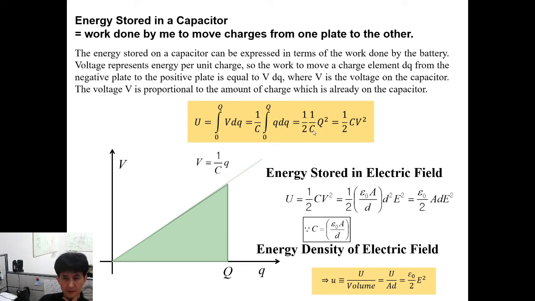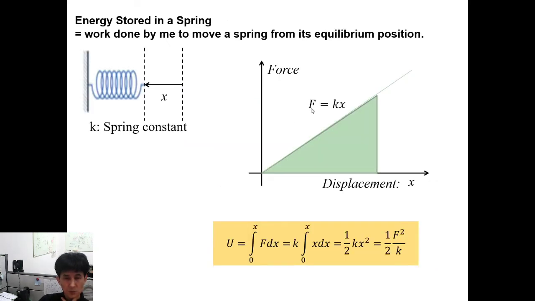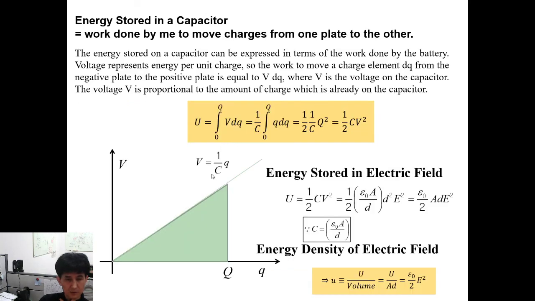So we have this relation. Voltage across a capacitor is 1 over C times q, where the force across a spring is k times x. So k is like 1 over C.